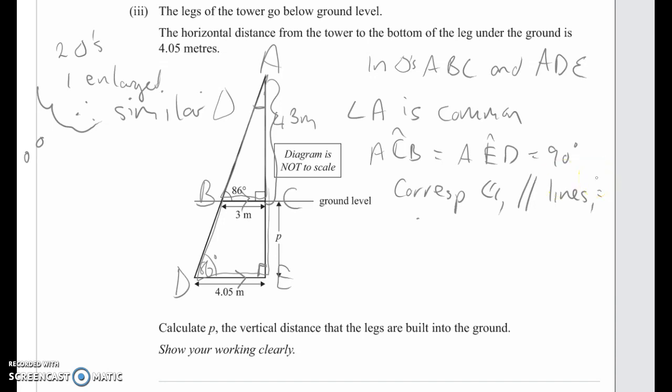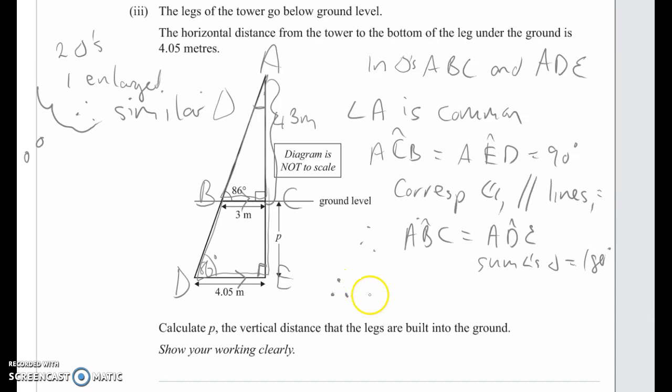So that is a very important part to write in there. And obviously, therefore, ABC is equal to ADE, angles in a triangle sum to 180 degrees. Obviously, the third one is going to be the same if the other two are the same as well.